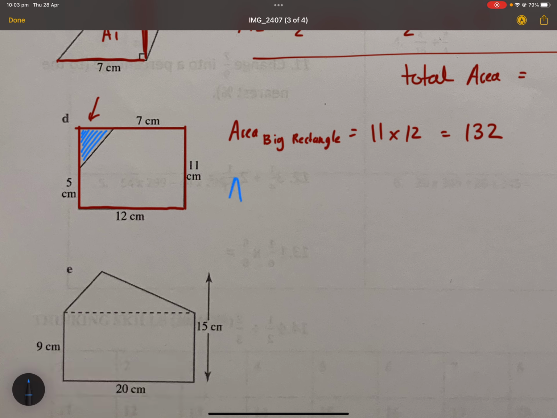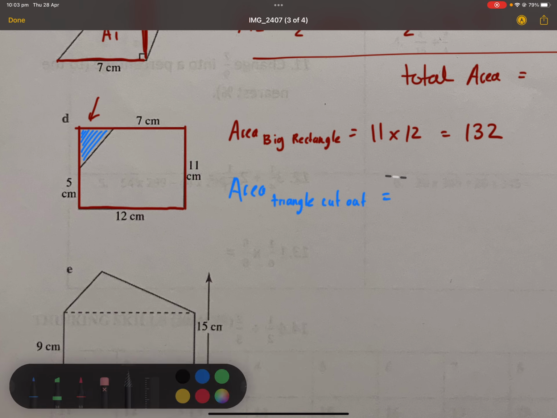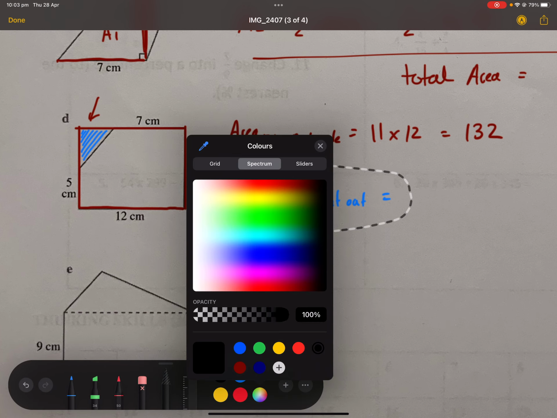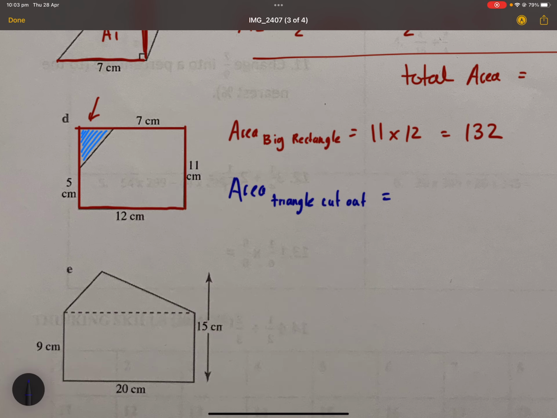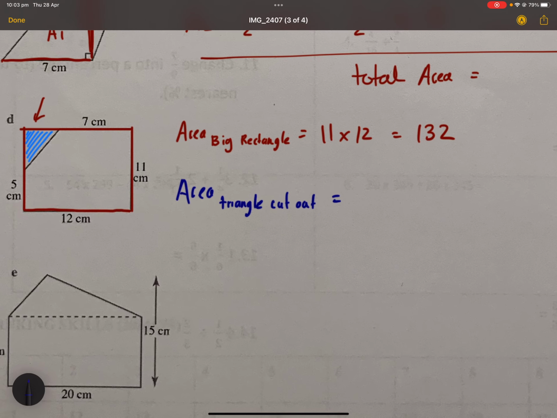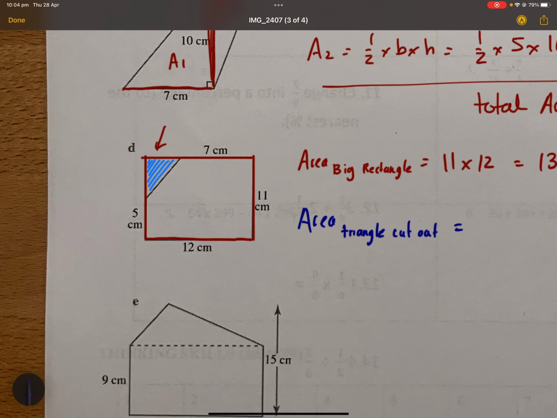So the area of the triangle cut out. Okay, let's find out how to find the area of this triangle that's missing.